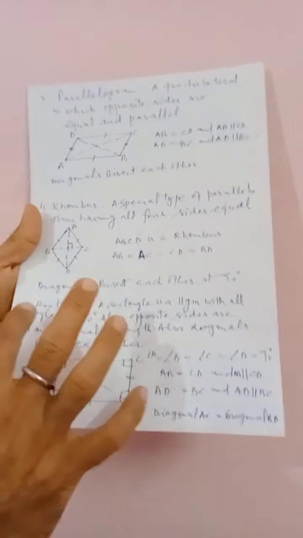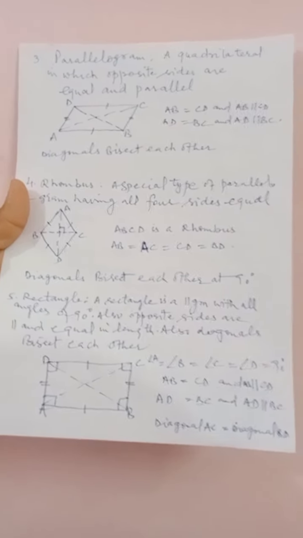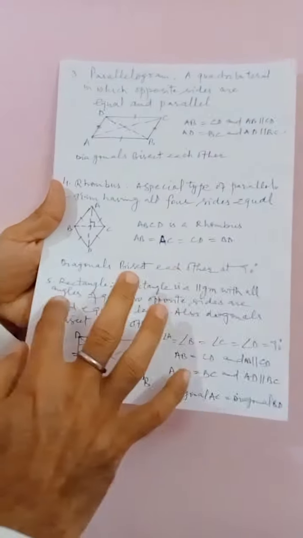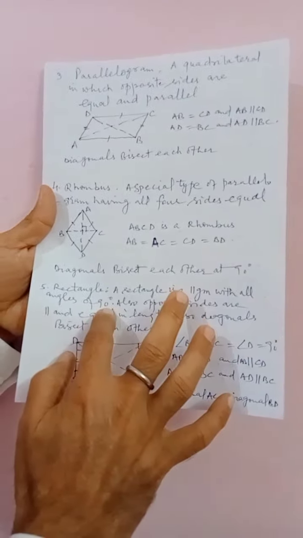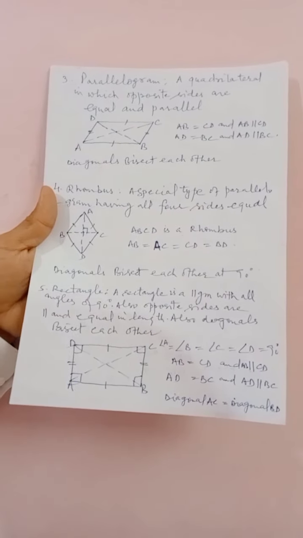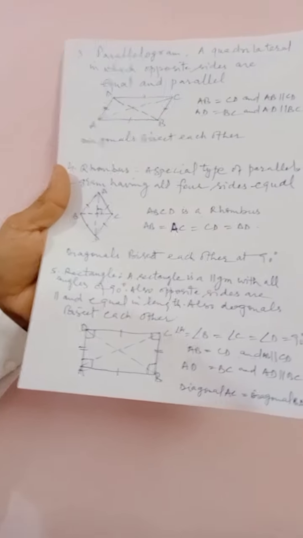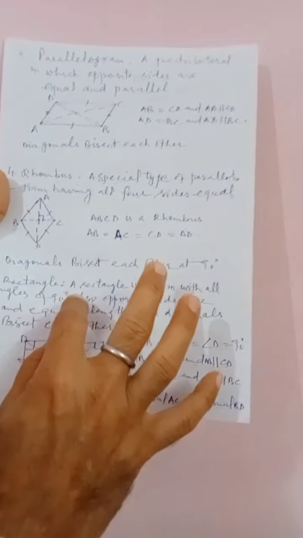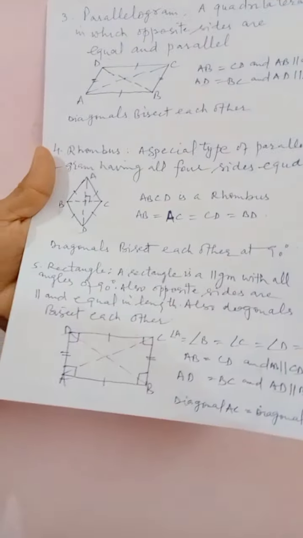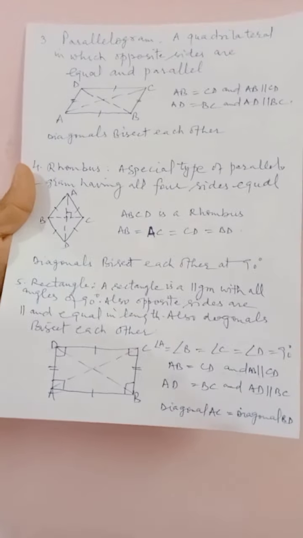Next we come to the rectangle. A rectangle is again a parallelogram with all angles of 90 degrees. This property you have already read in your earlier classes in 6th, 7th. Also, opposite sides are parallel and equal in length in a rectangle.